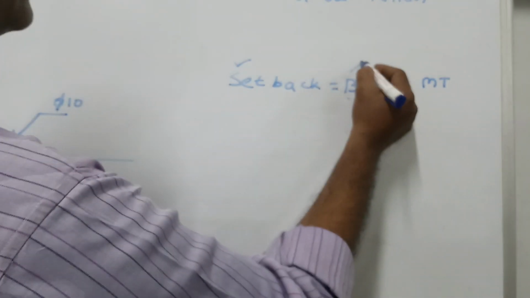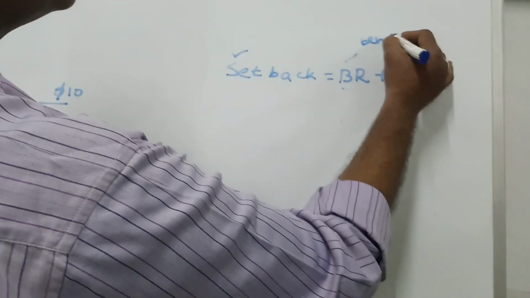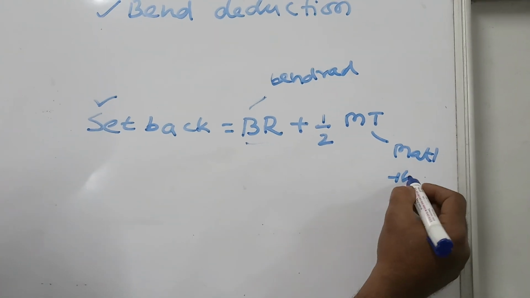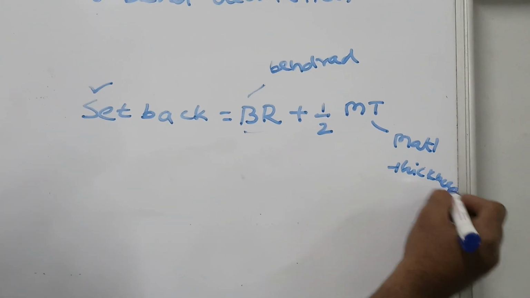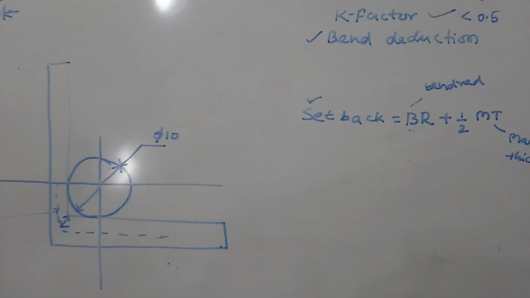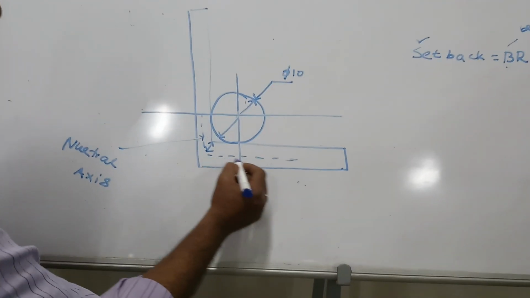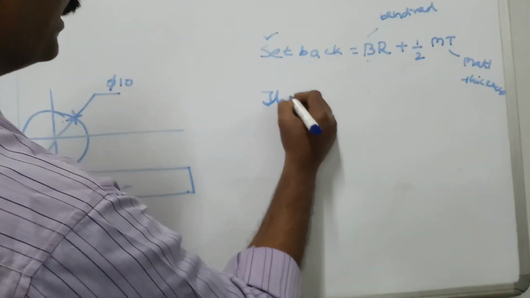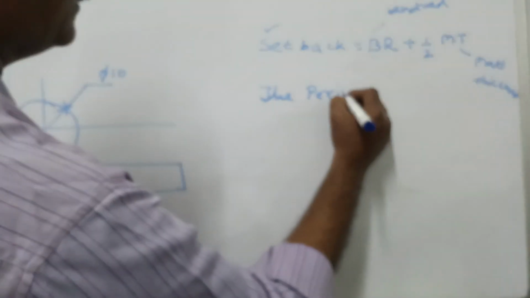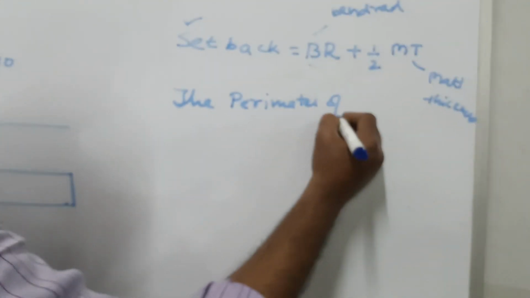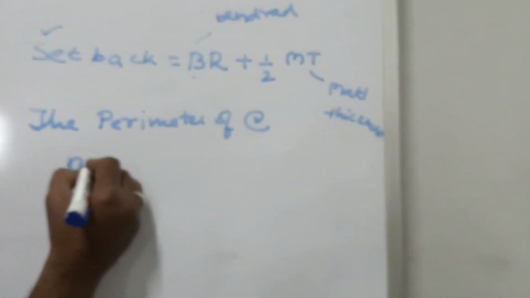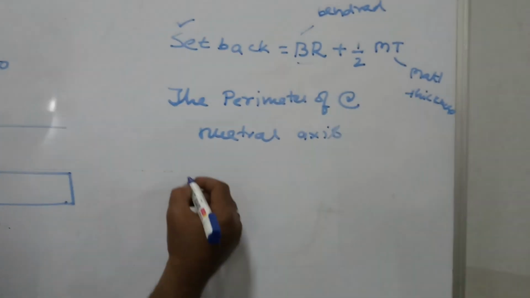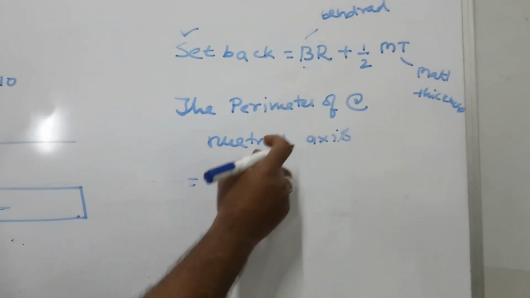So this is bent radius, and this is material thickness. Okay. Now when coming to this neutral axis, the perimeter about neutral axis is equal to, I am considering the entire circle around the neutral axis.